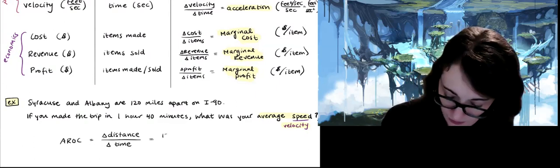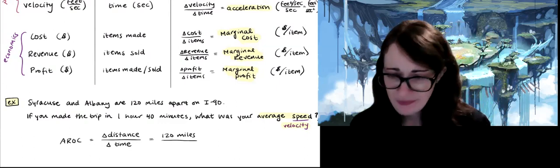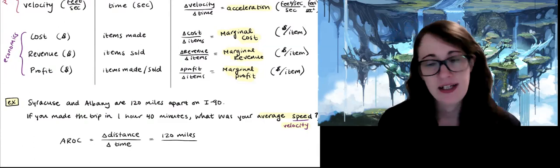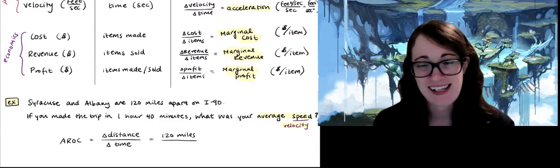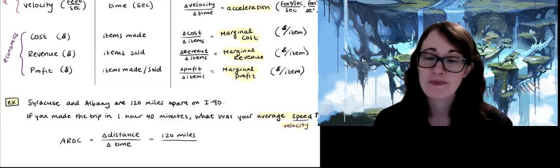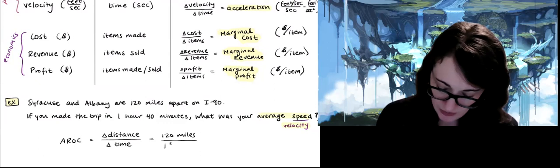So that'll be our change in distance. The change in time, an hour, 40 minutes, well, that's not 1.4 hours, because 40 minutes is actually 2/3 of an hour, right? We've got 60 minutes in an hour. So let's just convert this into 1 2/3 of an hour.